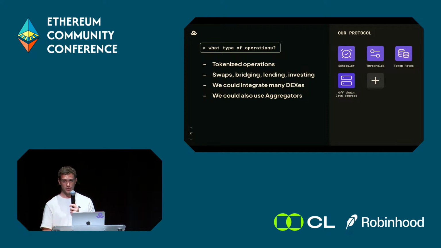We can also craft our DeFi protocol integrations with our smart contracts, but it doesn't feel very scalable. We could try to integrate aggregators relying on some of these off-chain quotes, but the execution is still on-chain. We'll see. So definitely DeFi is something that we need in our protocol.